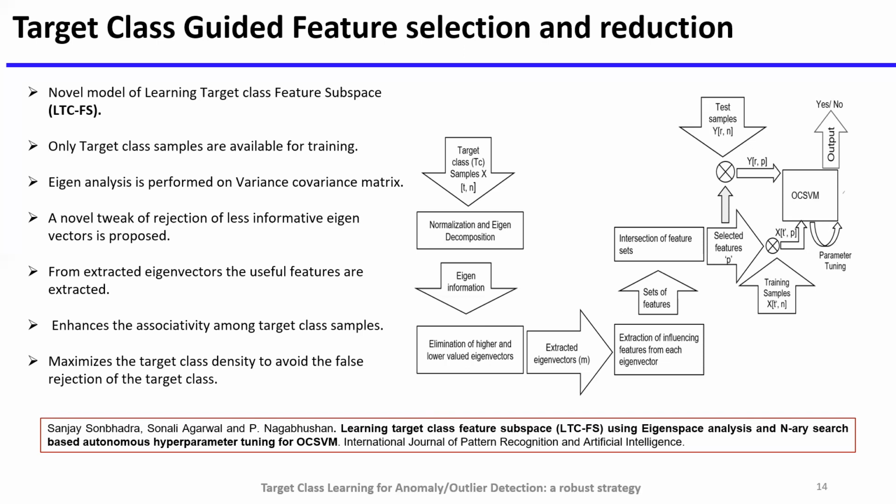Based on some statistical analysis, observation has been done and a feature subset has been extracted, and that feature subset is giving the most promising result compared to the current feature subset because the other features were misguiding the learning model in terms of anomaly.